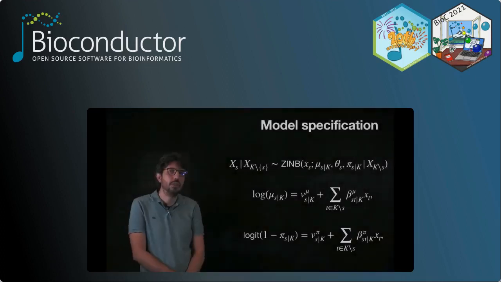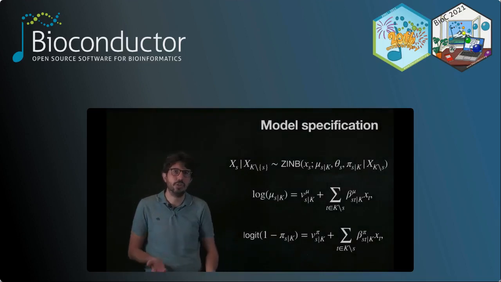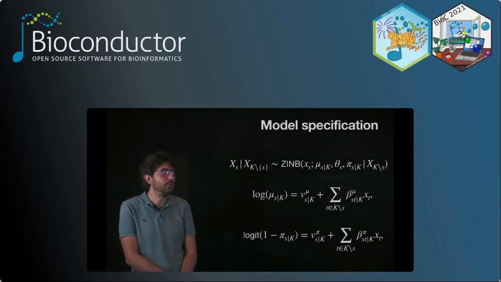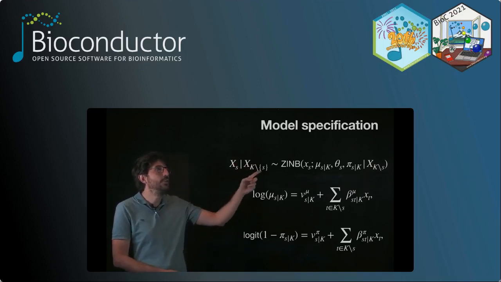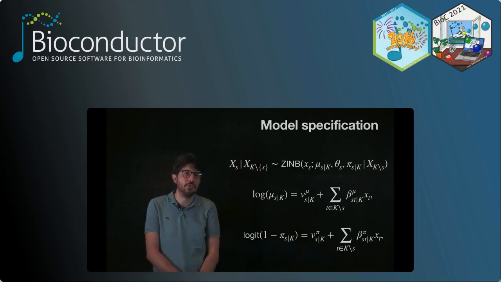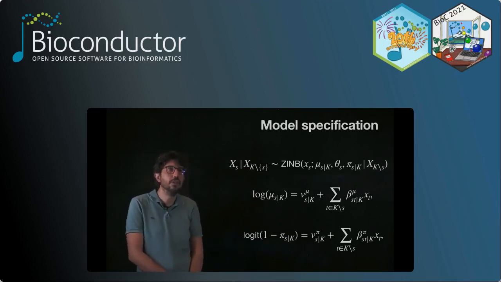In our application, we decided to specify a model that is as general as possible. So we specify a model that has a node conditional distribution of a zero-inflated negative binomial with certain parameters that you can read here.